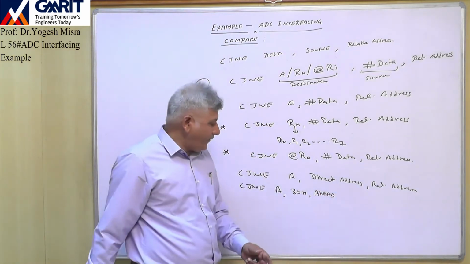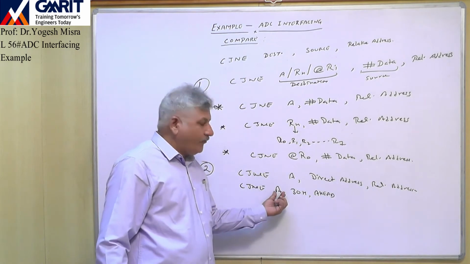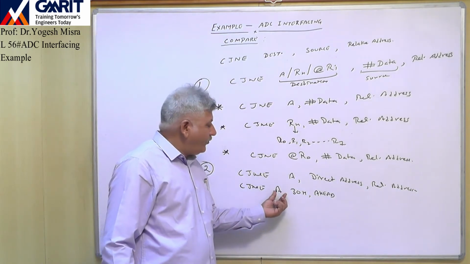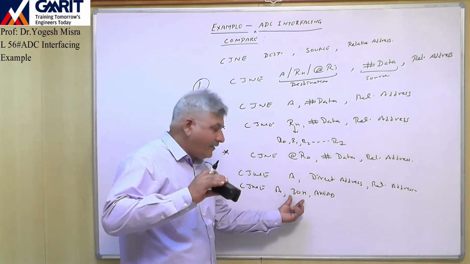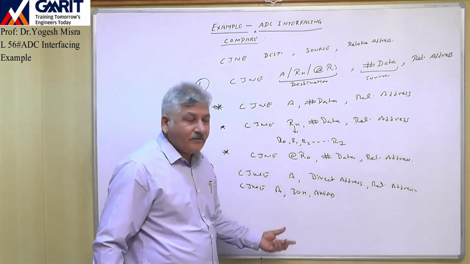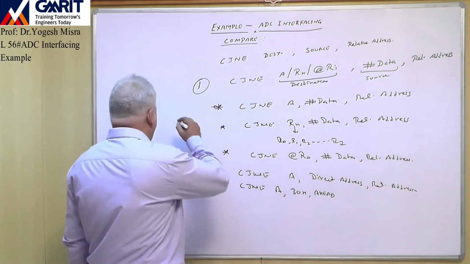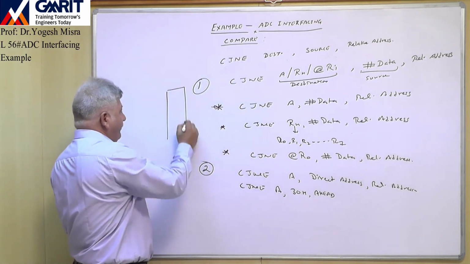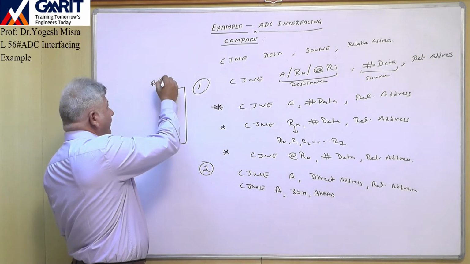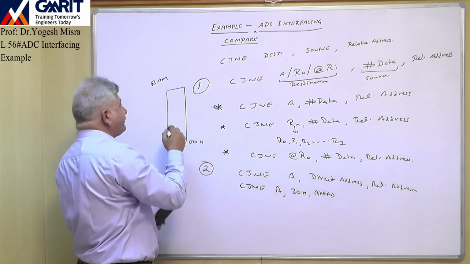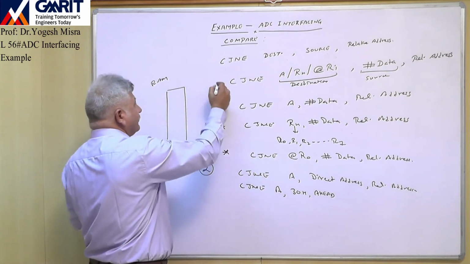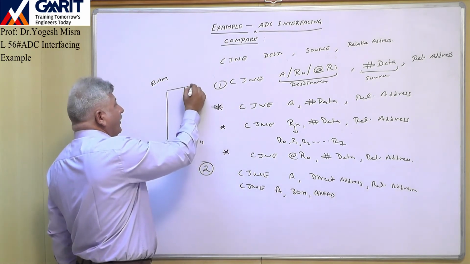So now what will happen here? The content of the A register will be compared with the content whose address is 30H. We already know that in the internal RAM of the 8051, addresses are from 00H to 7FH.